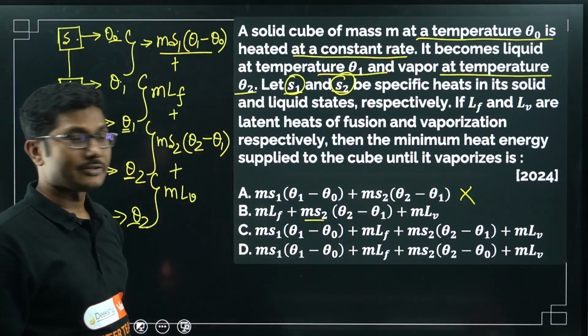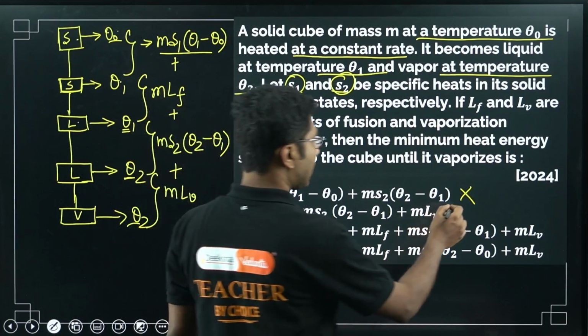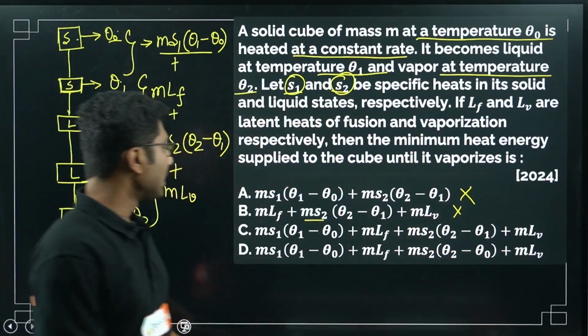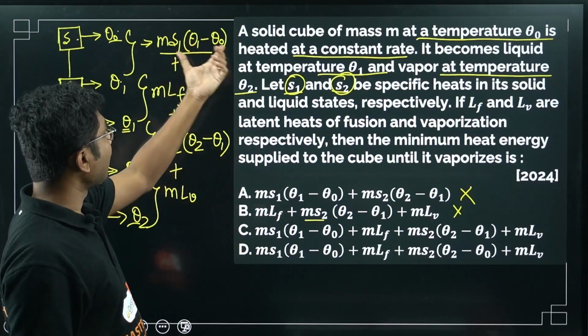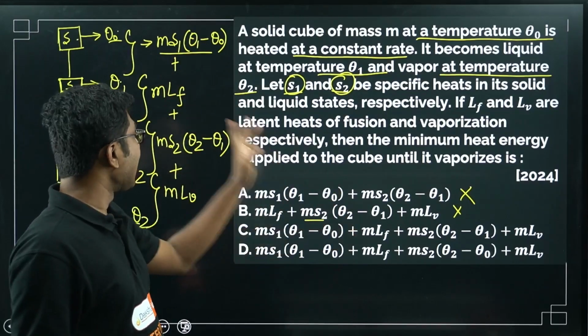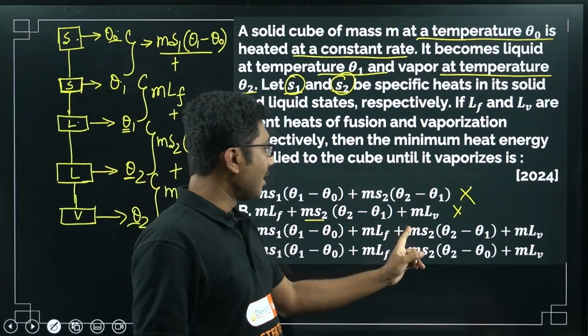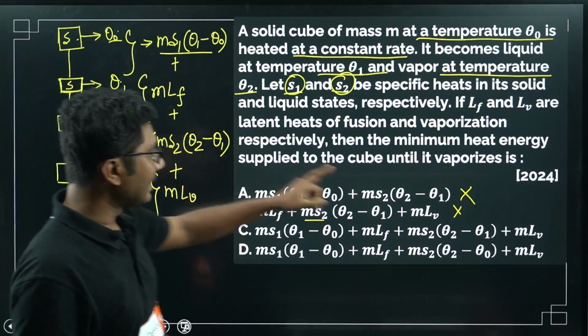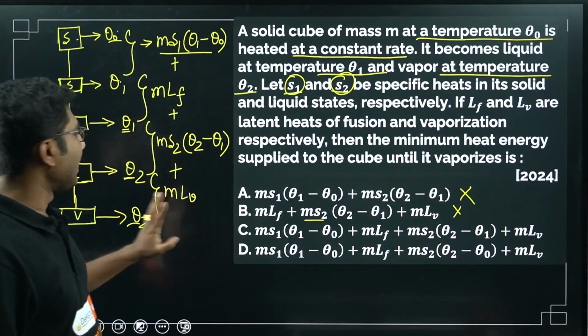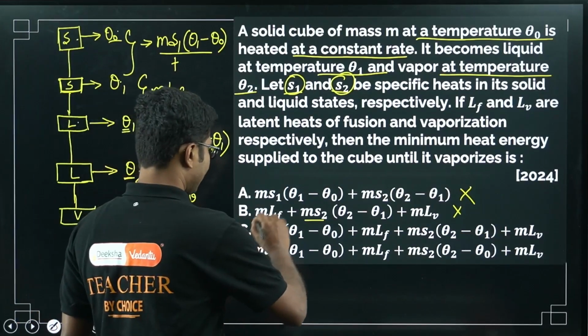Solid state heat change is not included, so this is also not the correct answer. Now let's check this one. Here we have m s1 theta 1 minus theta naught plus m L F, correct, plus m s2 theta 2 minus theta 1, yes, correct, plus m L V. So this is the correct answer.